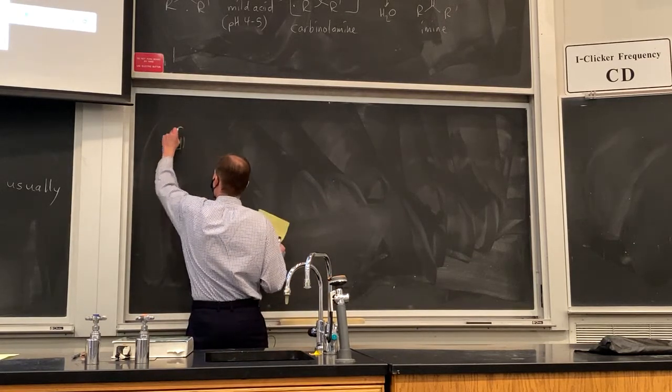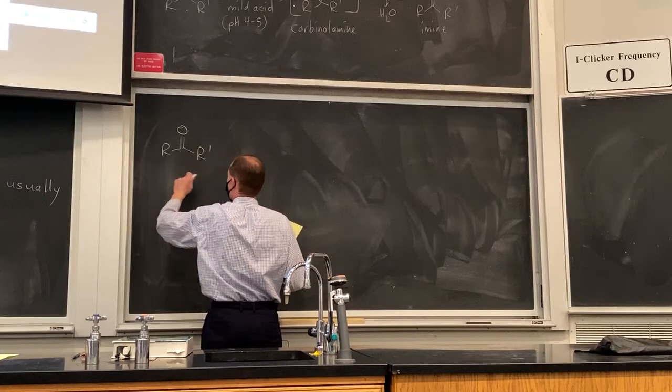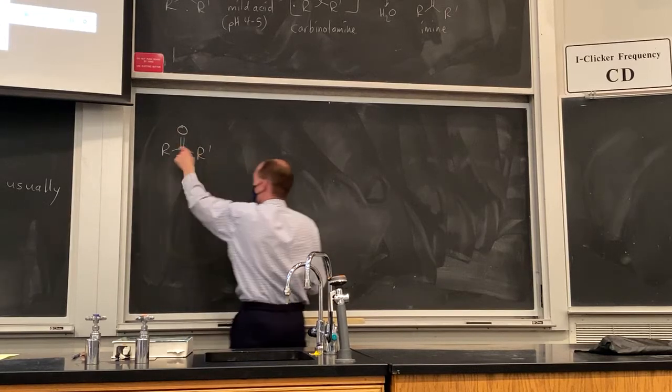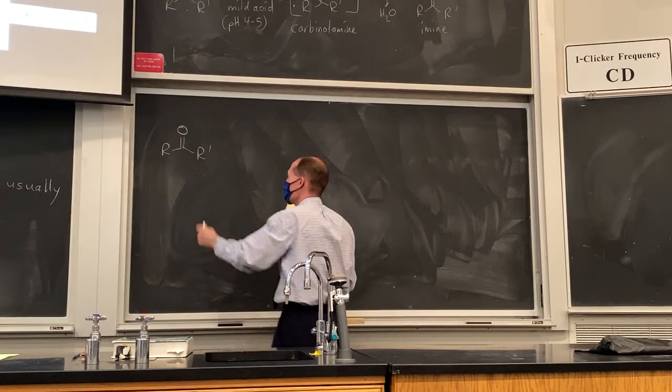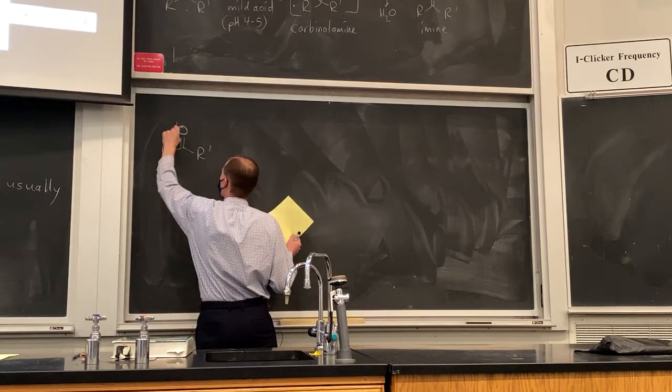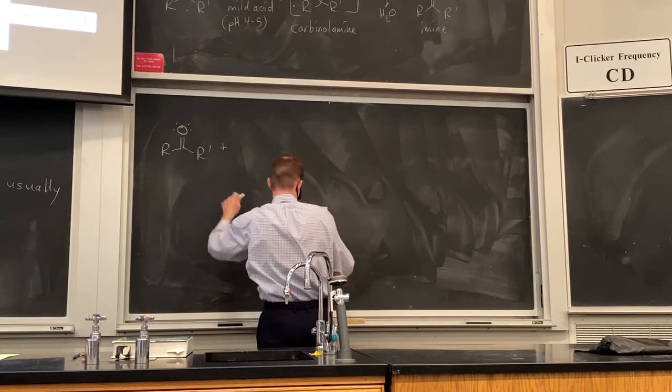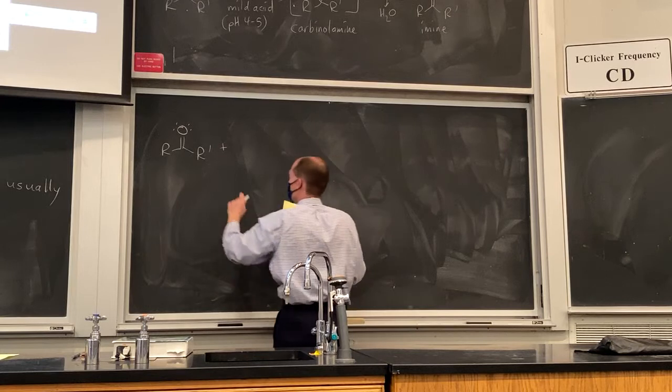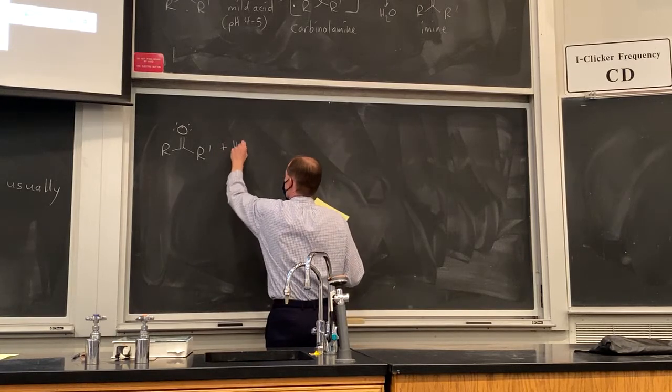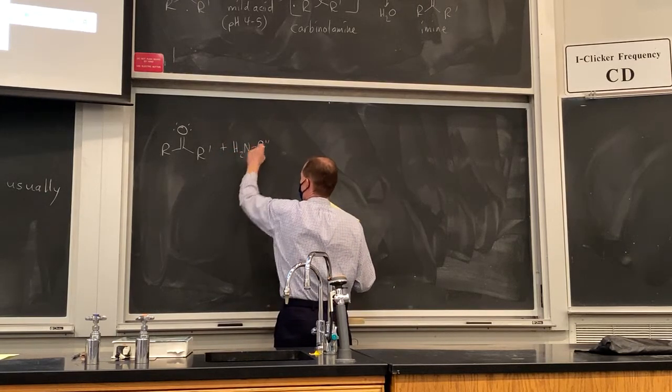So we will start with our aldehyde or ketone. One of these R groups could be a hydrogen. They could both be alkyl groups. We're going to react that with our primary amine.